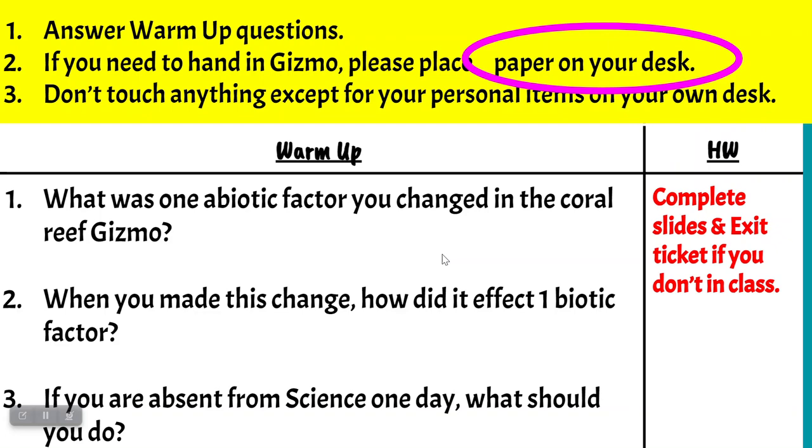All right. If you're ever absent from science, what should you do? You should check Schoology. So most of the time, you'll have a video like this one that walks you through the notes that we did in class, and that might help you see what you've missed and help you figure out what you might be able to do on your own in Falcon Focus or for independent work at home.